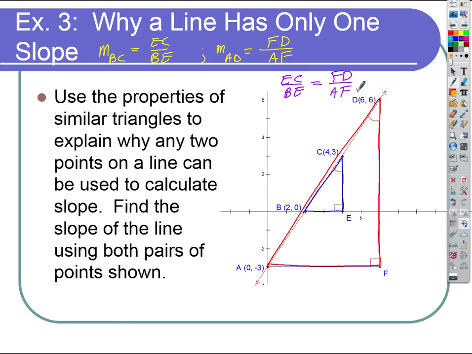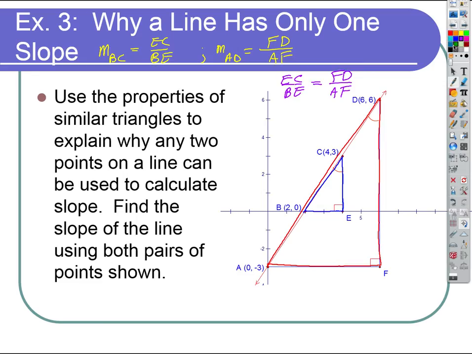So what's a statement using the horizontal and the vertical sides of these two similar triangles? What's a similarity statement, a proportionality, that has to be true because they're similar? So like, FD over something. Well, big to small, right?